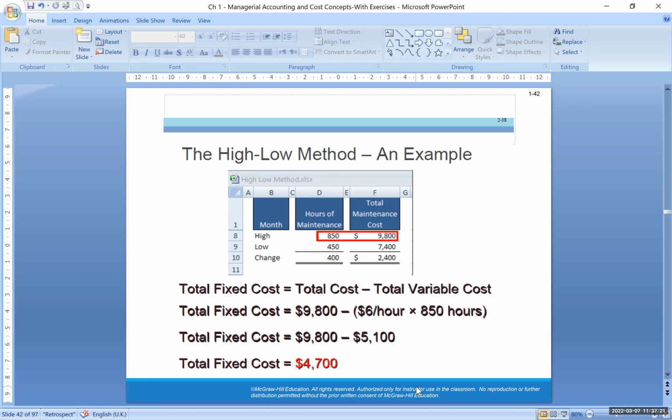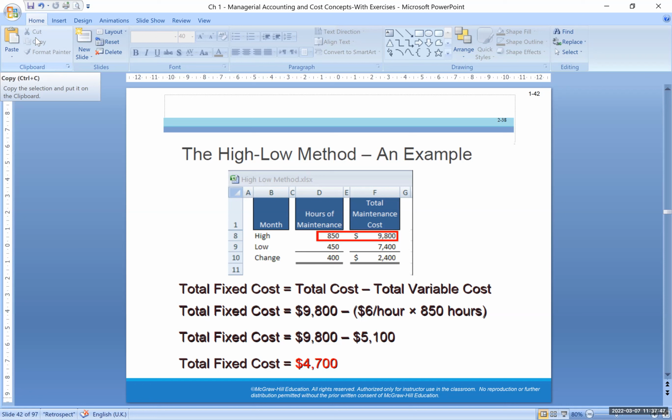The variable part of this cost will be 5,100, and the fixed part of this cost will be 4,700. If we apply the lowest level, we have to have the same total fixed cost. Remember that the fixed cost will be constant for the company, right?